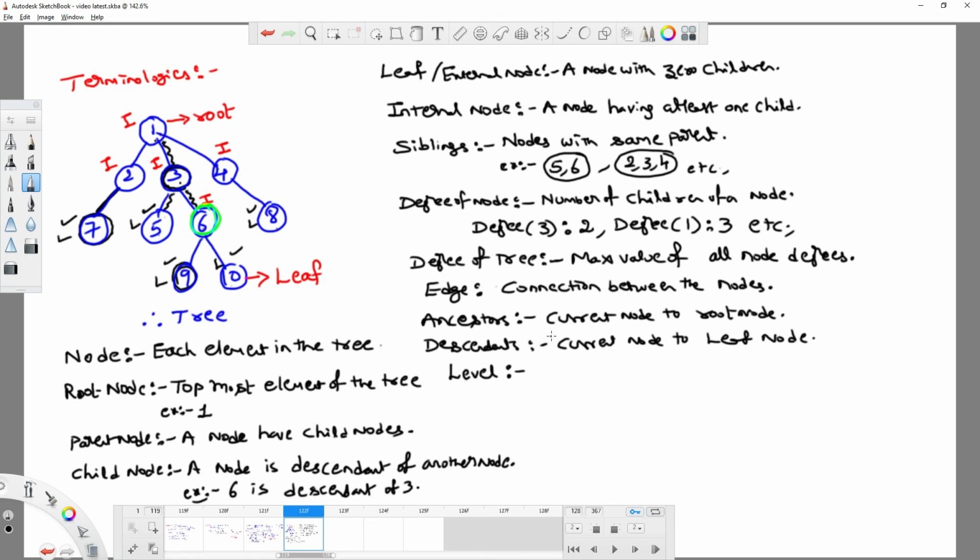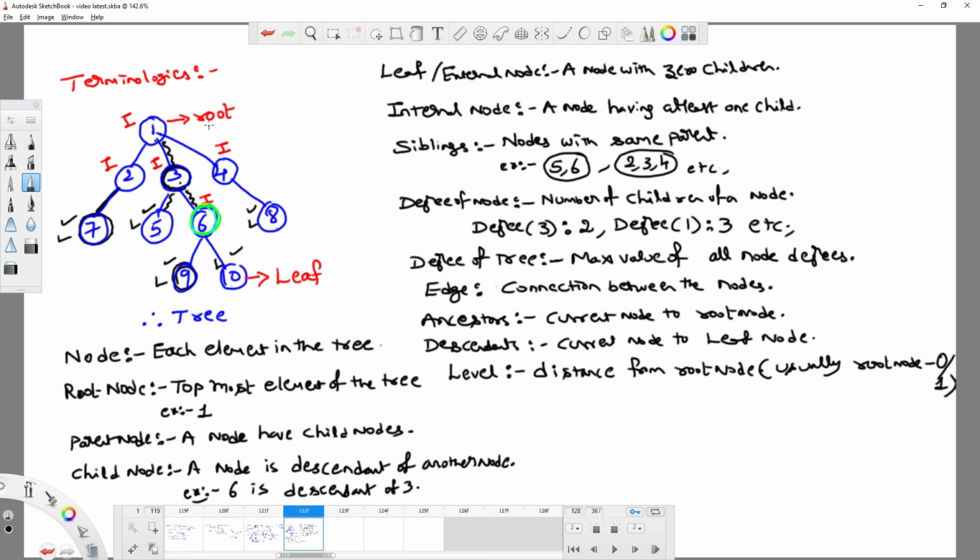Level, right? We can say level represents distance from the root node. Usually the root node is at level 0, or sometimes in the exam they might say that it starts at 1.